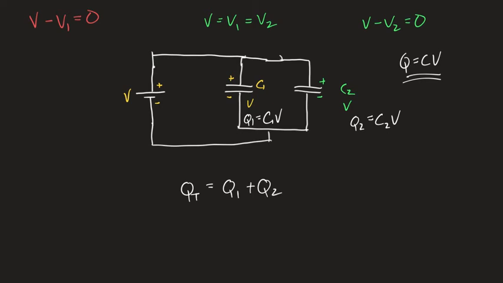It had to push out the amount of charge required by capacitor 1 and the amount of charge required by capacitor 2. So the total charge has to be equal to whatever the total capacitance is times V. What is the equivalent capacitance for capacitors in parallel?